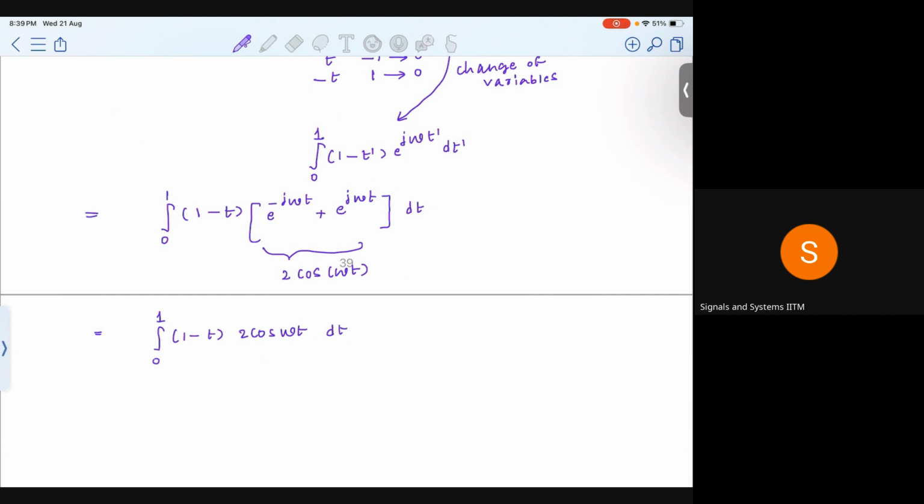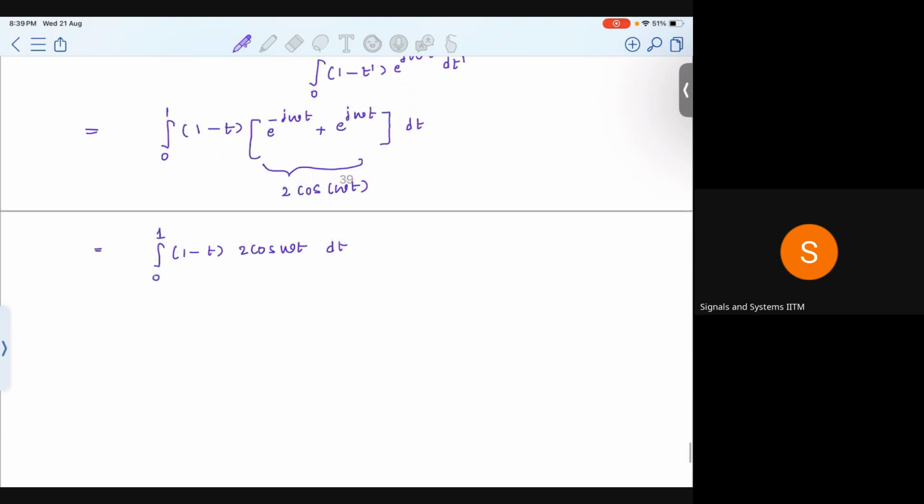When you solve this, is there any mistake with the solution that was given? Nothing.